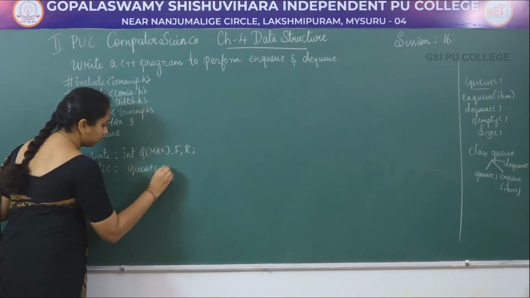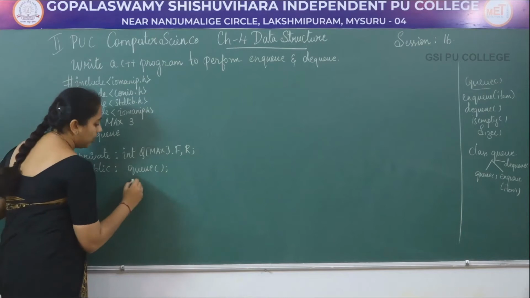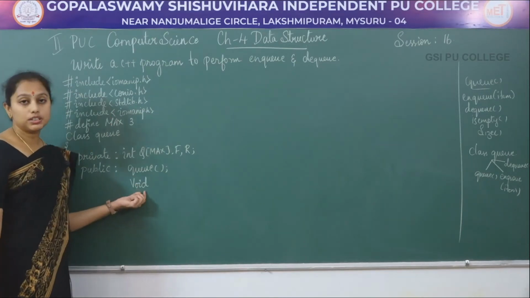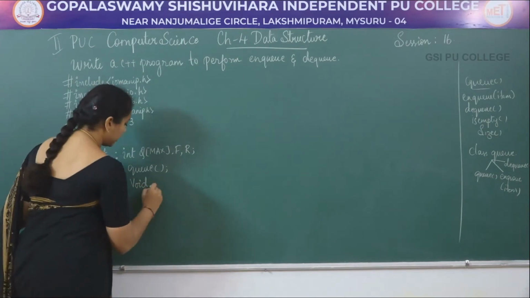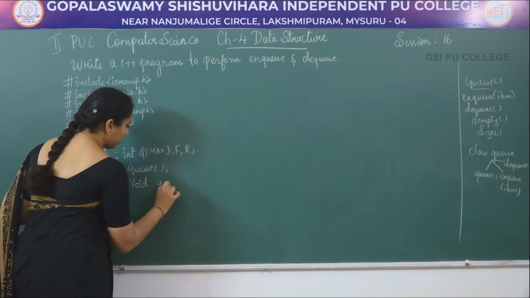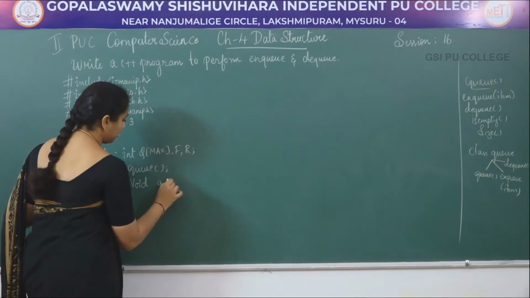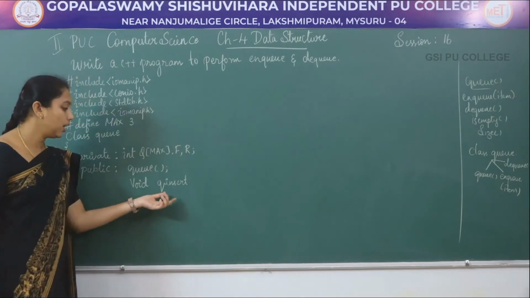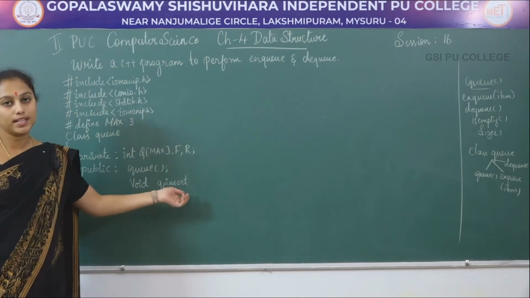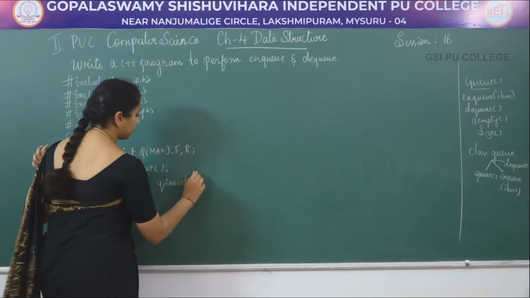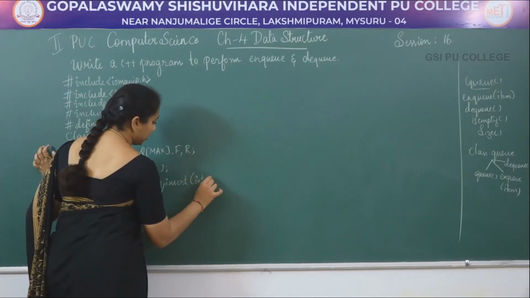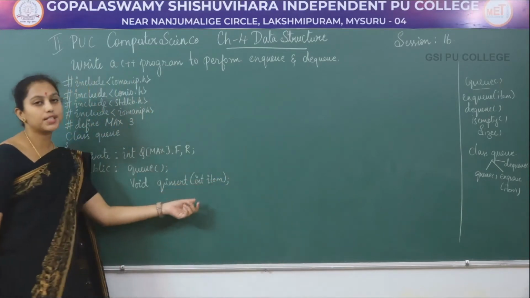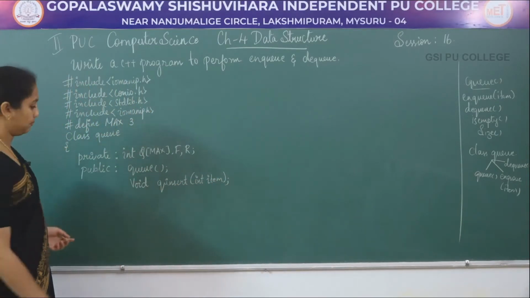Queue. Enqueue function. It will not return any value, hence the return type is void. Instead of Enqueue, I am going to write it as queue insert. Here it needs a parameter called item to insert an item into the queue.